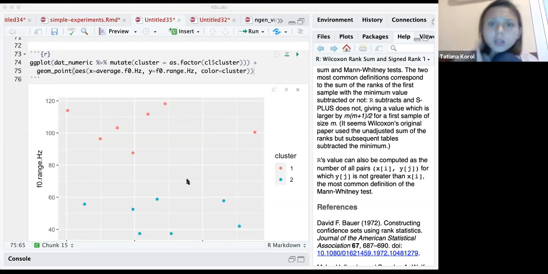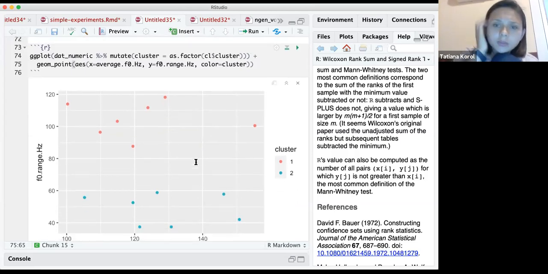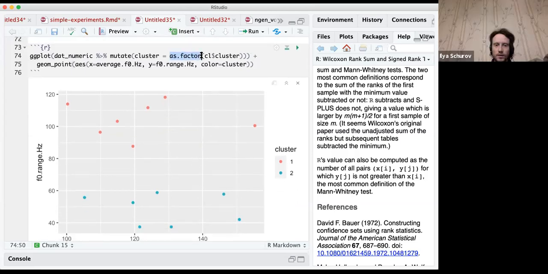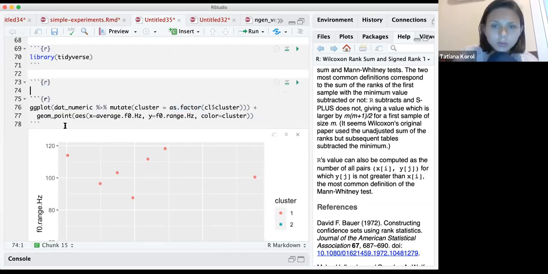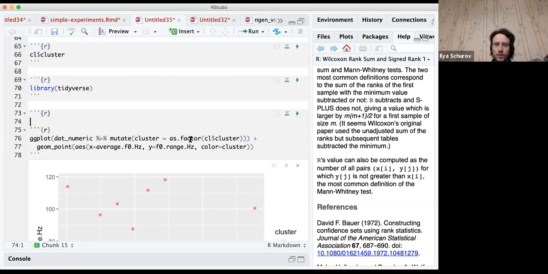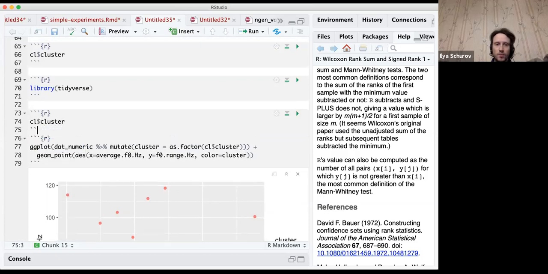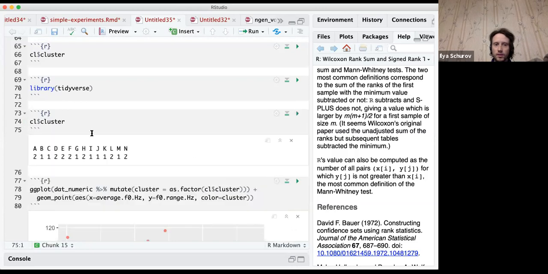I didn't get the idea what this as.factor does. This as.factor converts our column into factor. So let me show you. By default, this thing is a numeric vector.